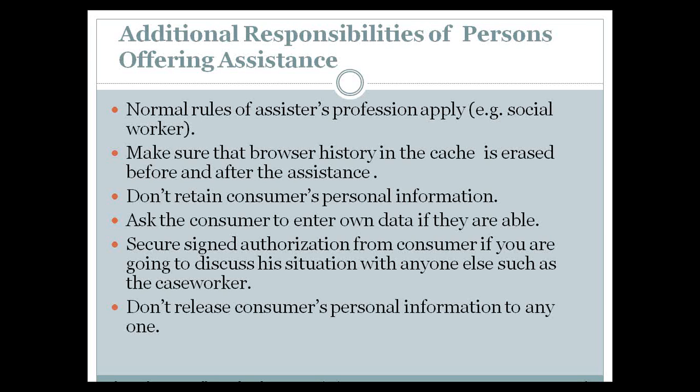So if you're a social worker and you're helping someone apply for Medicaid, then you should follow the same rules that you normally would with respect to confidentiality or how you protect information, etc. We recommend that you make sure that the browser history has been erased before and after you offer assistance.